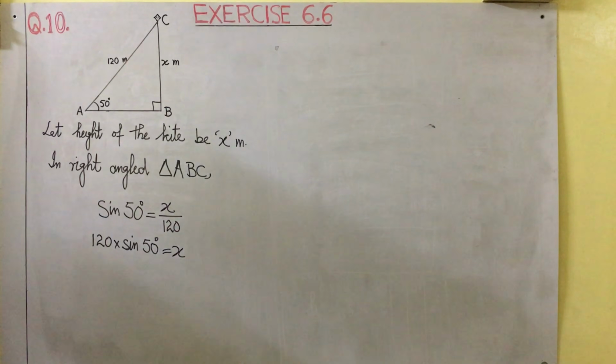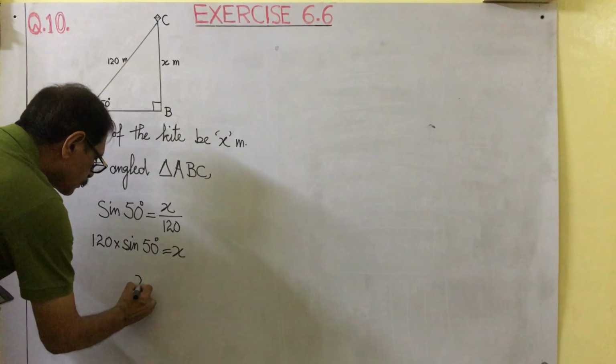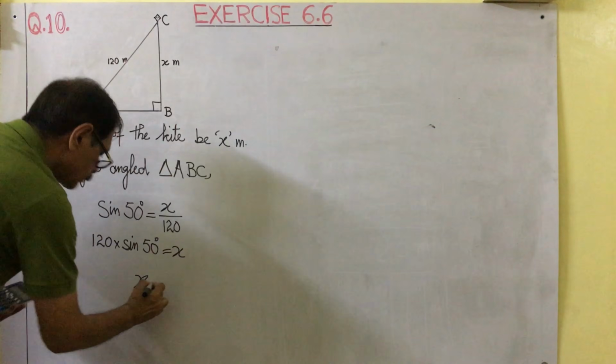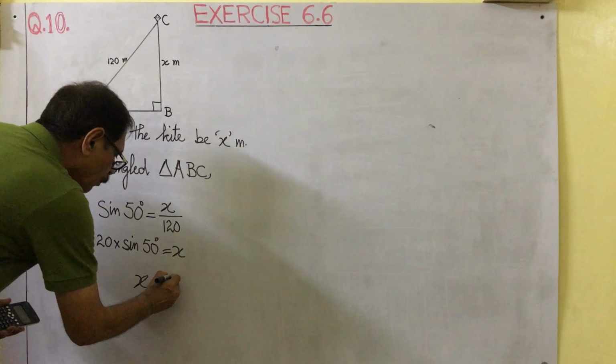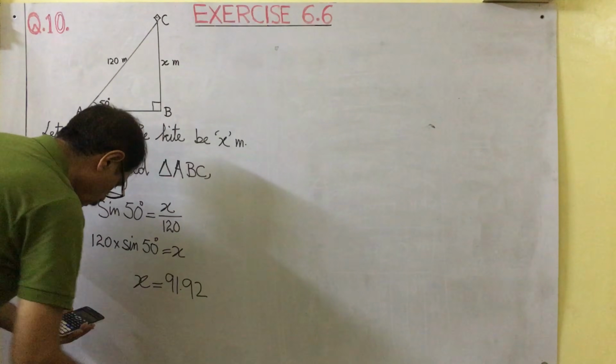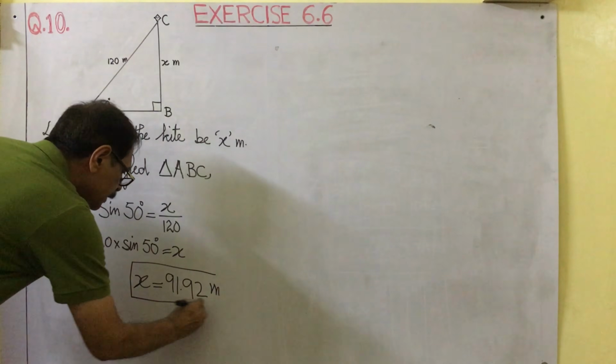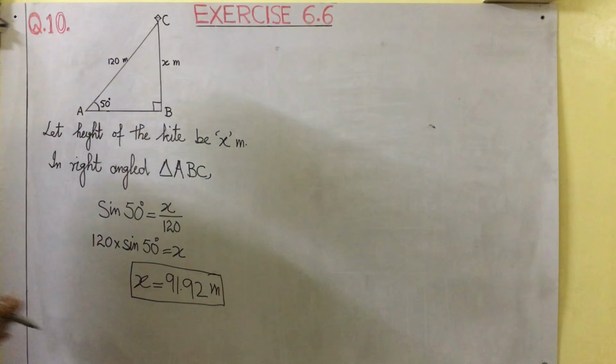Let us calculate it using the calculator. 120 multiplied by sine of 50 degrees. The answer comes to be 91.92 meters. So the height of the kite is 91.92 meters.